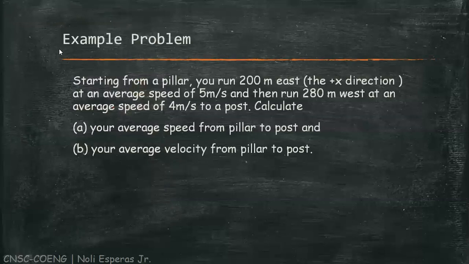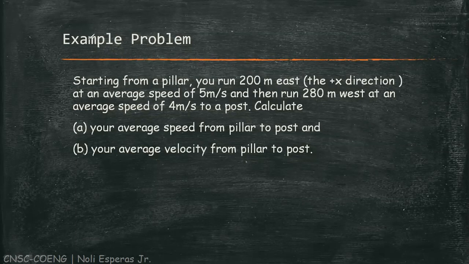Okay, so now let's have another example. Starting from a pillar, you run 200 meters east at an average speed of 5 meters per second. Then you run 280 meters west at an average speed of 4 meters per second to a post.